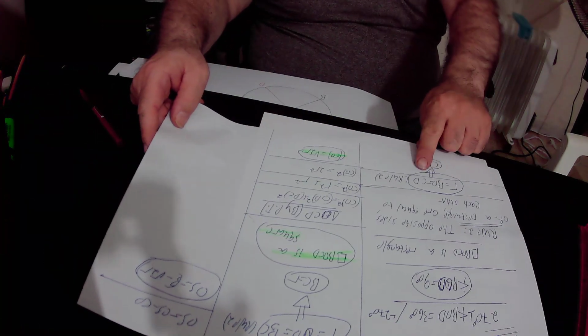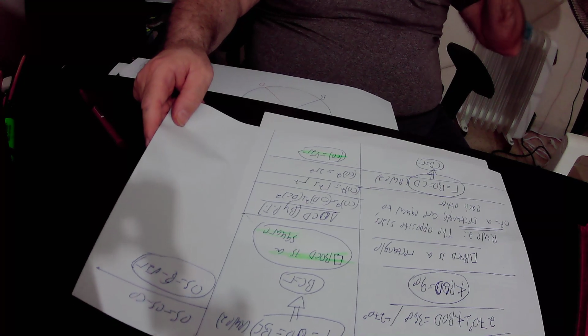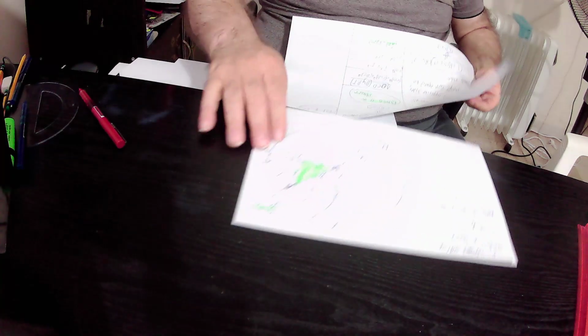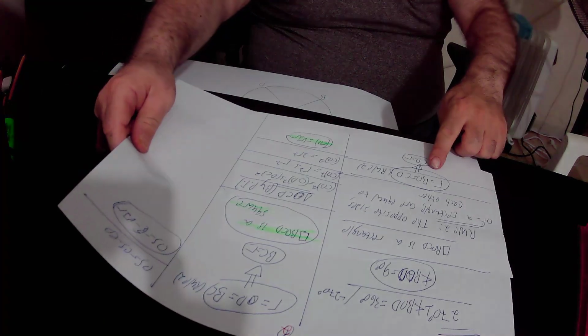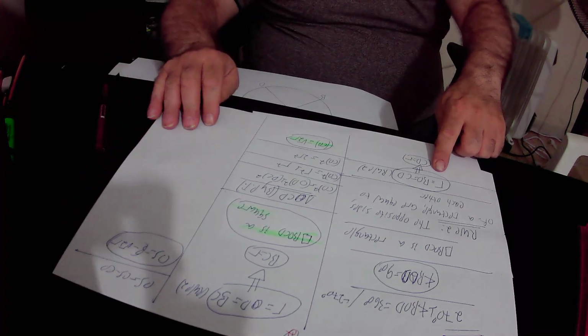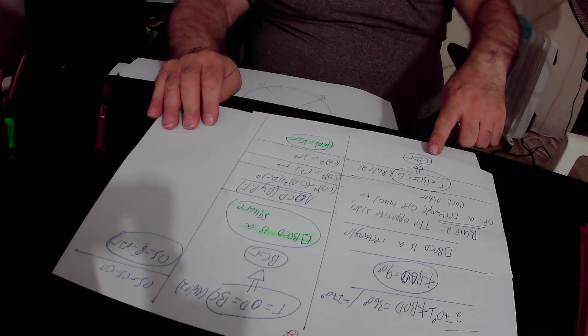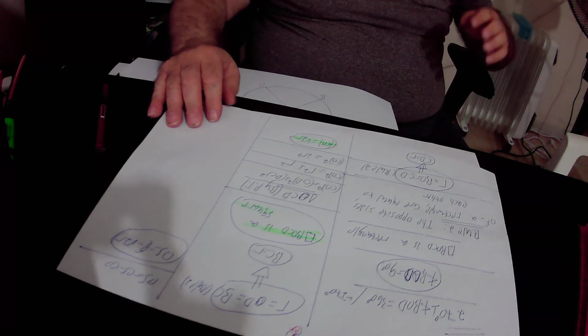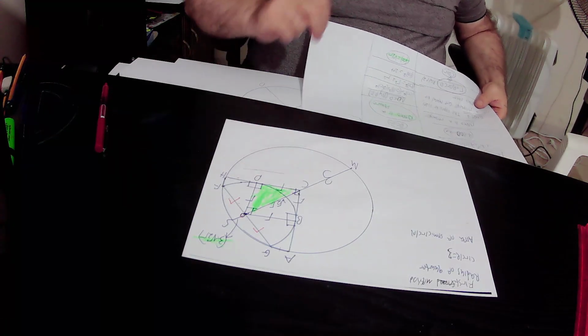Here we know that BO equals R. So we can write here that BO equals R. And from this equation, R equals BO equals CD, we derive that CD is also equal to R. Okay, here we can write down that CD is equal to R.